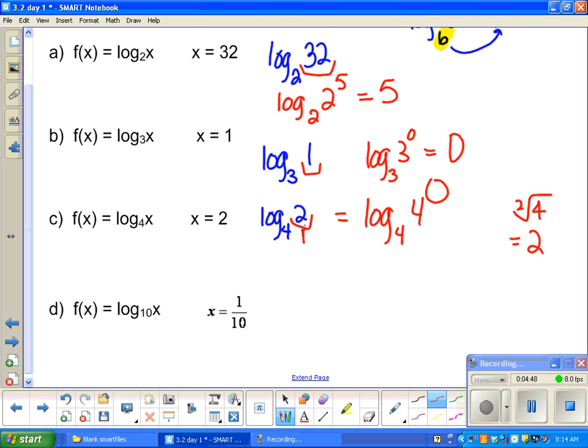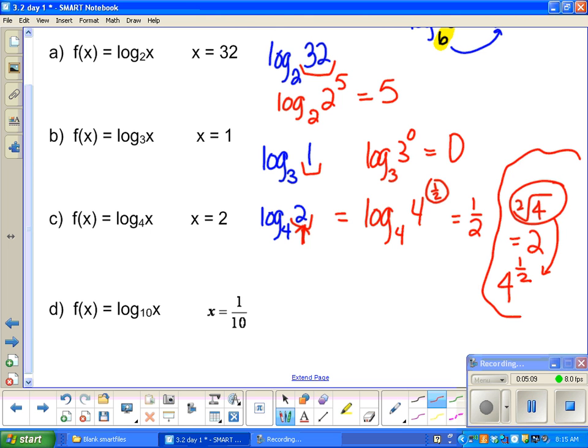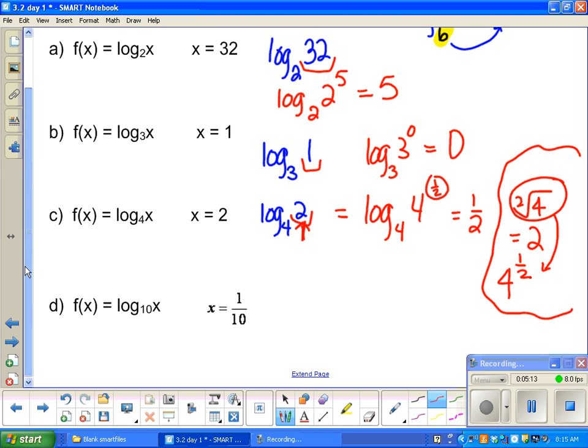That's what we want, is 2. But what power is that? That is 4 to the 1/2 power. That means square root of 4. So my solution, not 2, my answer is 1/2. So they get a little bit more complicated.